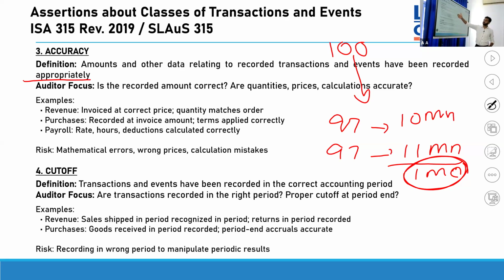As an auditor, we must check whether those recorded transactions or those recorded amounts represent the correct balance or not. We must ensure that in order to verify the accuracy, right?